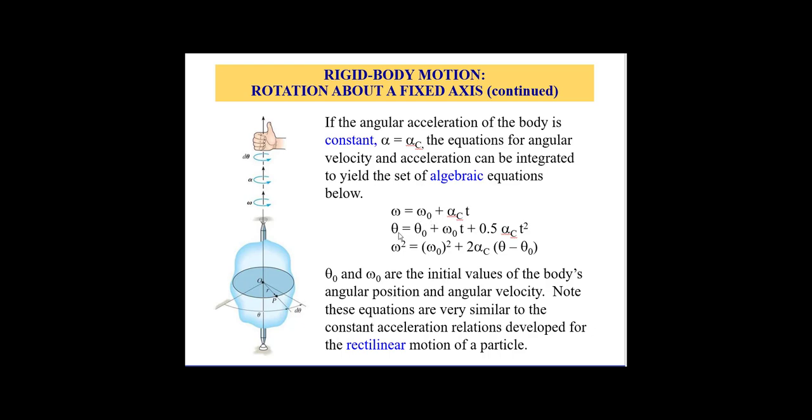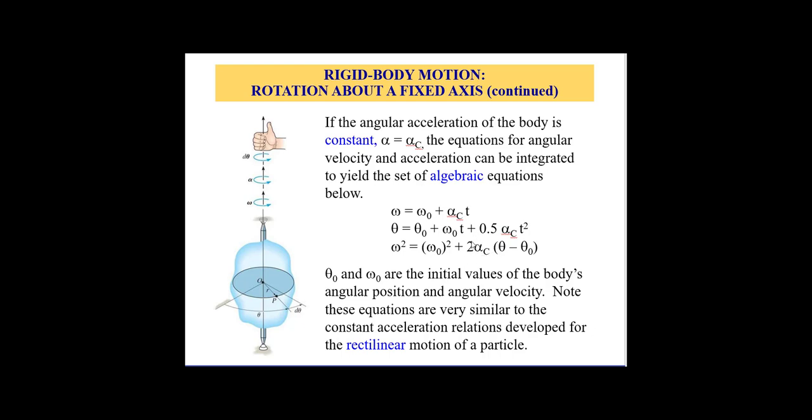Similarly, the angle at time t equals the initial angle plus the initial angular velocity multiplied by the time, plus half the angular acceleration multiplied by time squared, as well as the third equation.